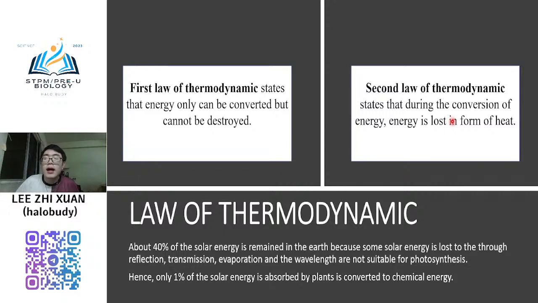You cannot obtain all. So this is what we know as the second law. Normally in the laws of thermodynamics, what we apply in biology is that our main initial energy comes from solar energy from the sun.